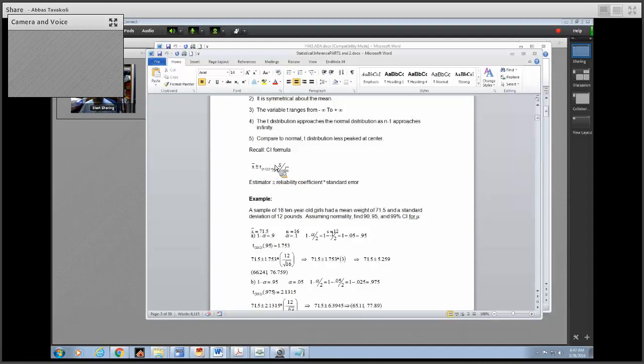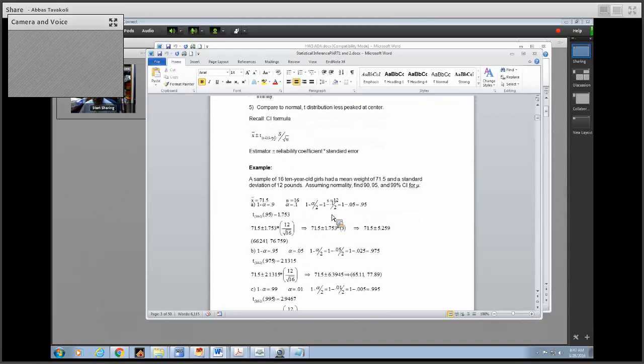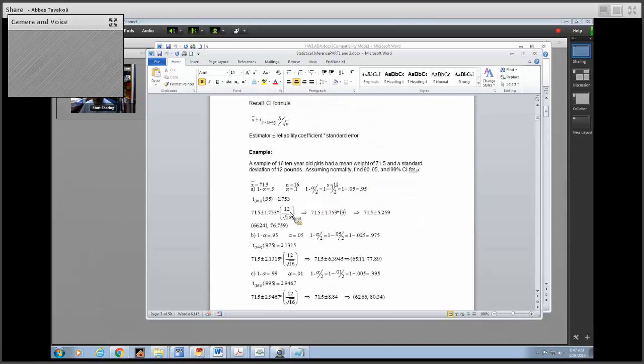So you have your S, you have your N, and you have your X bar. Then you have to find the T from the T table. For 95%, your alpha is 0.05, and you find it from the T table. For example, there is an example in your handout. If you look at page 3, you see X bar was 71.5 plus minus.